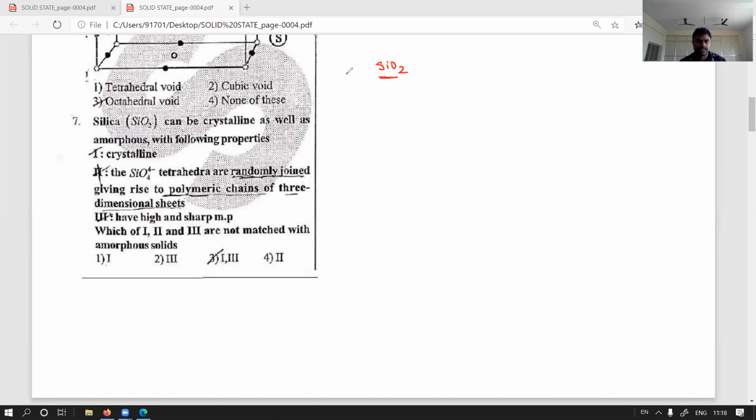The following properties are given. One is a crystalline property: SiO4 tetrahedra randomly joined, giving rise to polymeric chains, three-dimensional sheets, and they have high and sharp melting points. Among the three statements, which do not match amorphous solids?